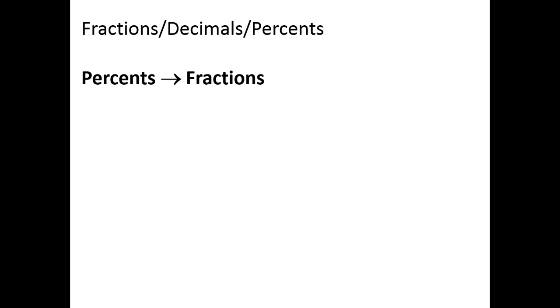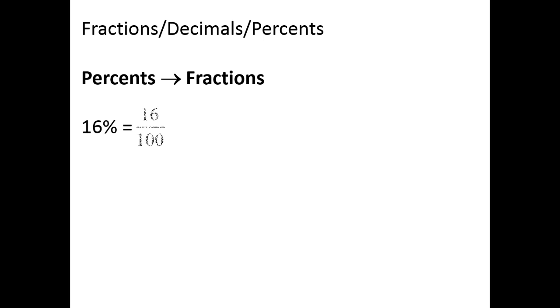Now, since fractions and decimals and percents are all closely related, we can certainly take numbers that are written in one of those forms and write them in any of the other forms. So let's start by thinking about how to write percents as fractions. So imagine we have 16% and we want to write it as a fraction.